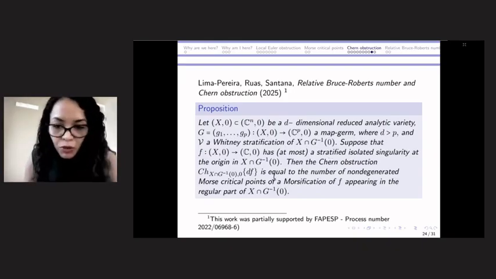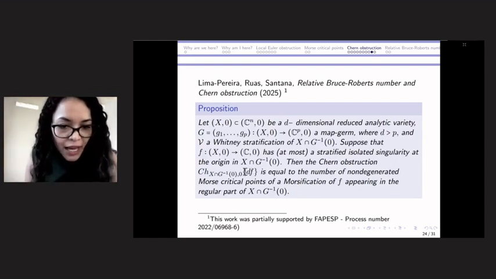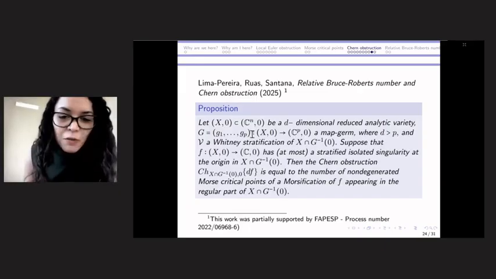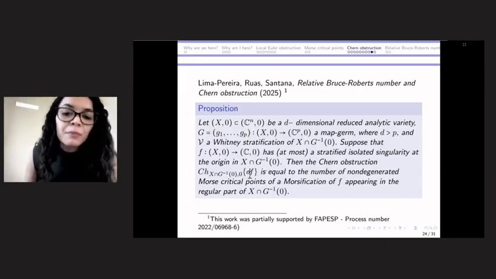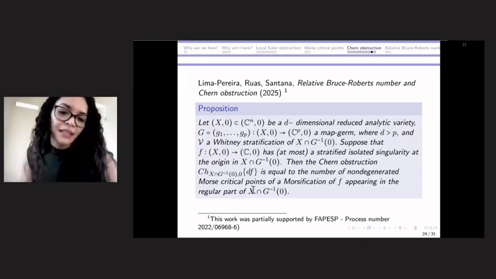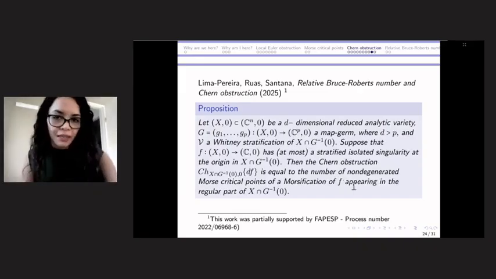So it is possible to show then the Chern obstruction of a differential form df on this space. And here, this big capital G is a finite number of complex functions. And this is the number of non-degenerate critical points of the function f in the space you are looking at, on the regular part of the space.